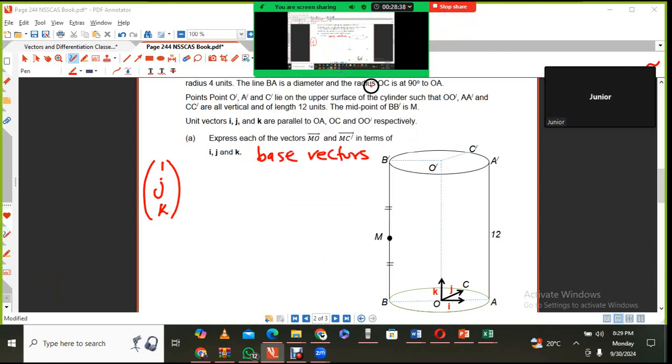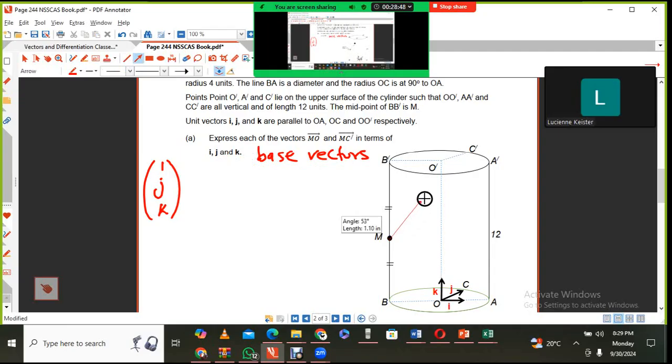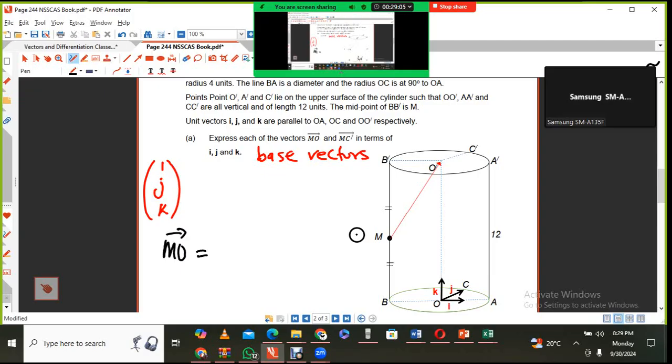Anyway, when they say express vector MO and MC in terms of that, let us find MO. I'm going to draw a line from M to O, like so. Can you see that? We are trying to see how we move from M to O. So MO would be MB plus BO, do you agree?